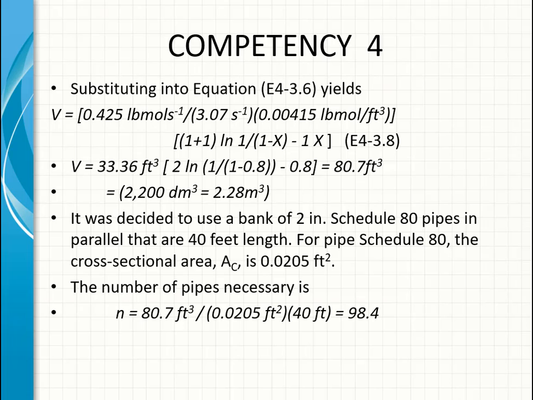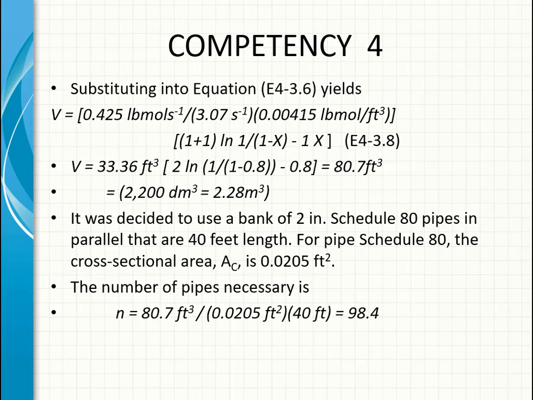Substituting in the equation for volume all these values, we will have that the volume is equal to 0.425 mole pounds per second divided by 3.07, this is k, times 0.00415, which is CA0, and then the integral.